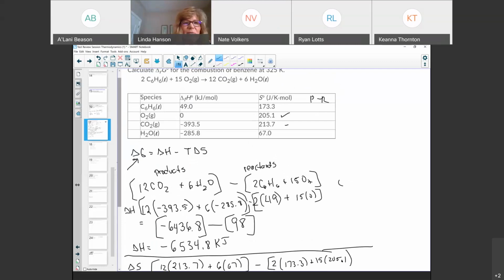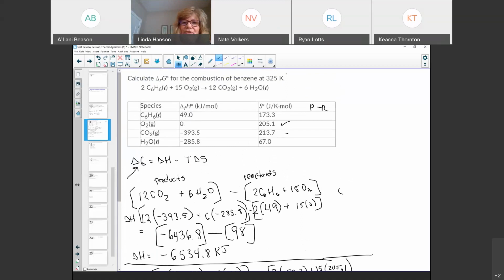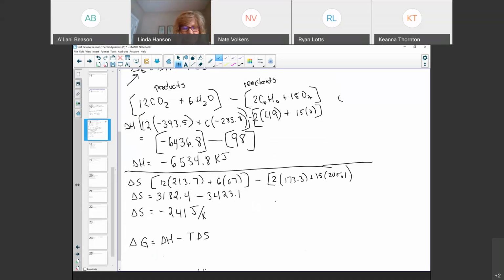The last thing I needed to pull out again was the temperature, 325 Kelvin. And then remember that 241 has to be put into the kilojoule unit, just to remind ourselves that we are always making sure to put our units in the agreed kJ form.